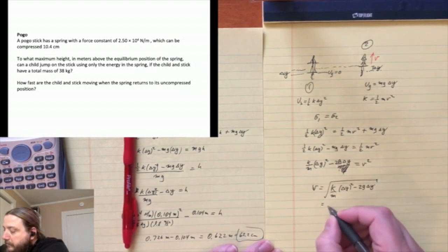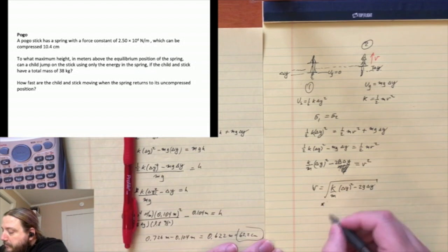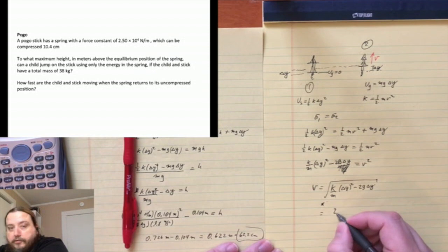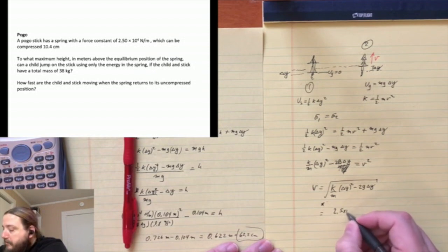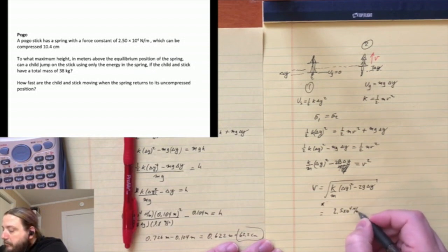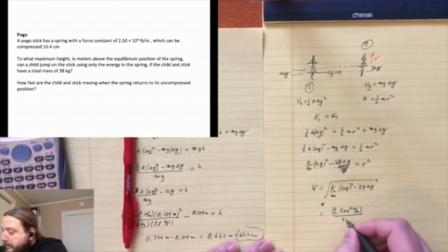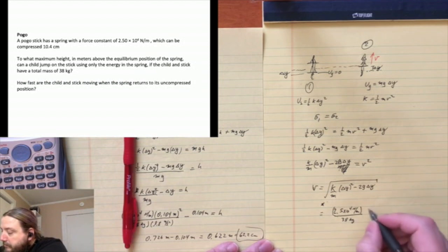And we can plug in some numbers. Again, our spring constant k here is 2.5 times 10 to the 4 newtons per meter, divided by our mass of 38 kilograms.